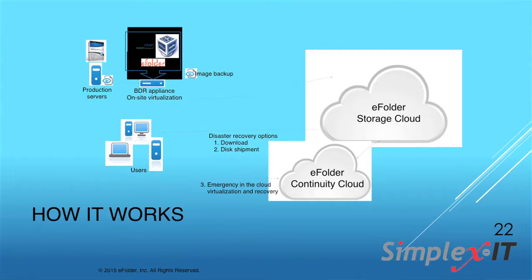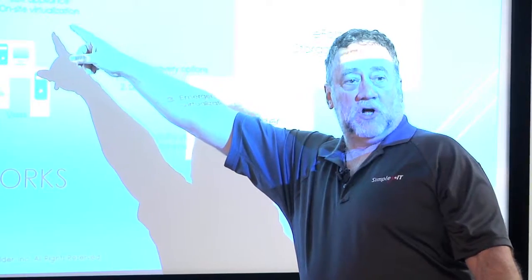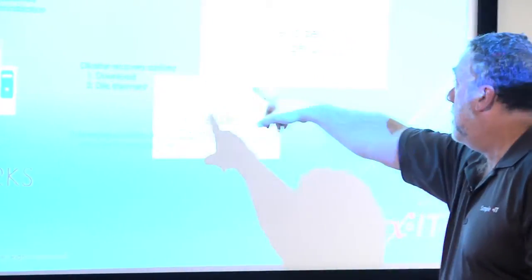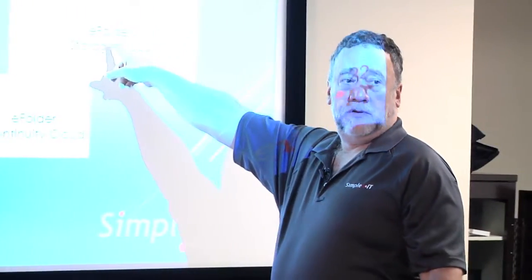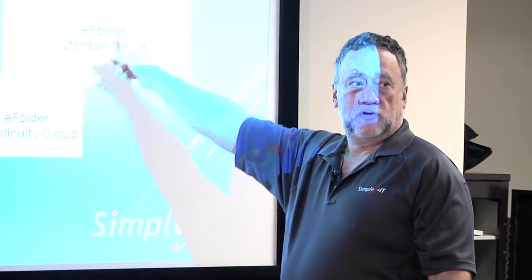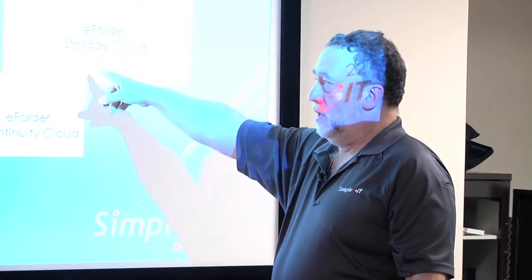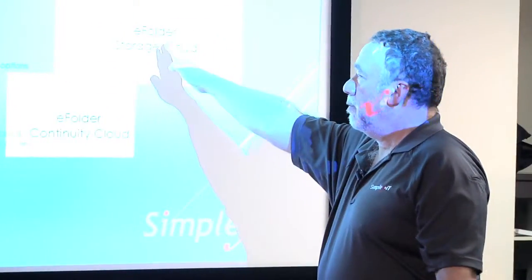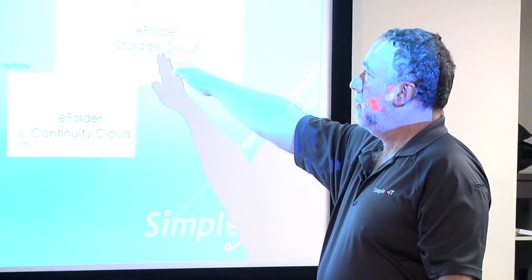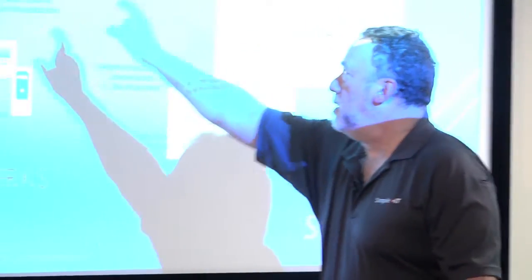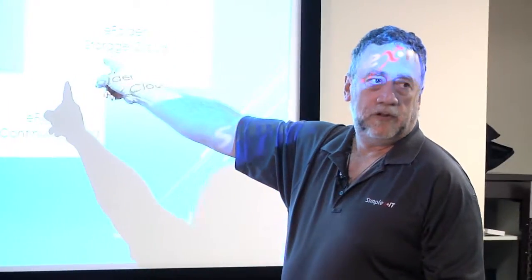We've got where we're backing up to, our backup device, which is also on location. And then we're going to put it up in the cloud. You notice we have two clouds in this particular case. This is the storage cloud. So we're backing up and pushing it here. So we've got 1, 2, 3 sets.